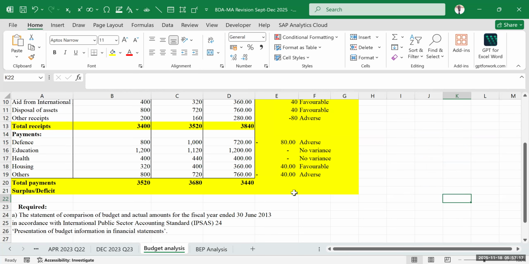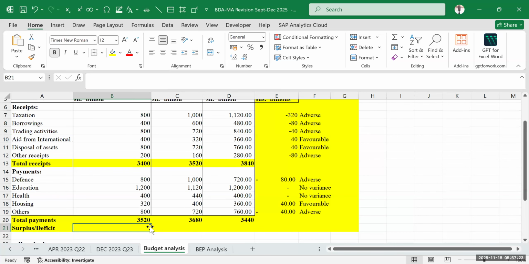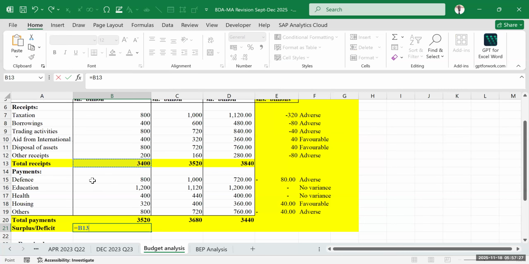All right. So members, now from that argument that I've given you, because you can relate easily to it, let's come here and say, if what we have received is higher than, I like the logical function here, but I don't want it to write to me either surplus or deficit.